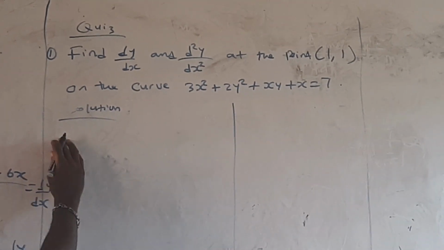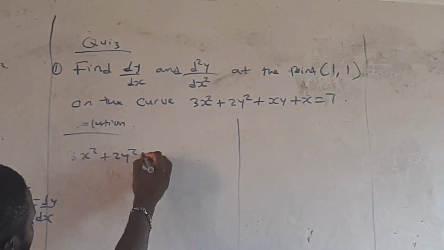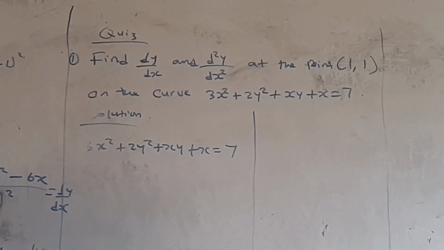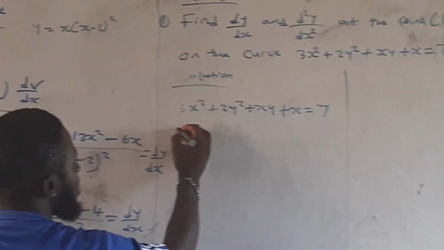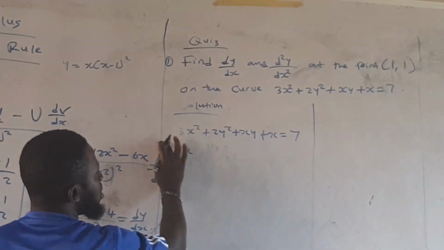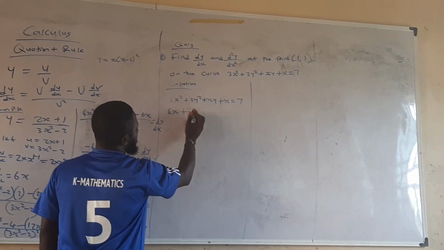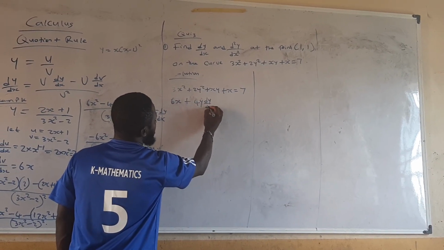So for the first derivative, we have 3x squared plus 2y squared plus xy plus x equals 7. Like I said, this is an implicit function. When you differentiate 3x squared, that's 6x. Plus differentiate 2y squared, that will give you 2 times 2y, that's 4y, then you have dy/dx.